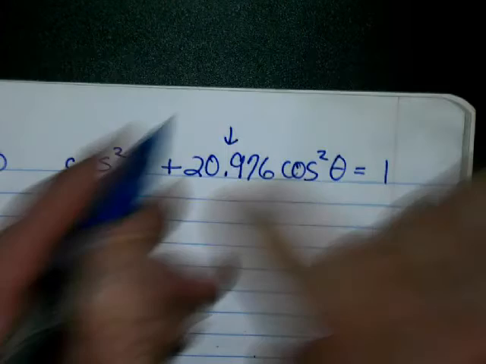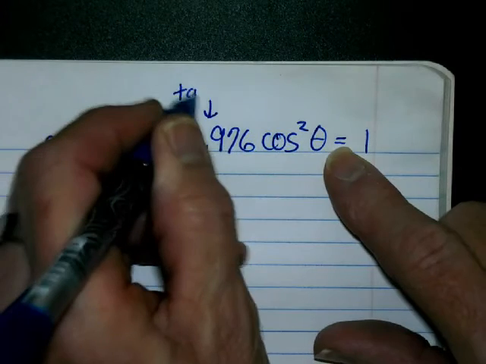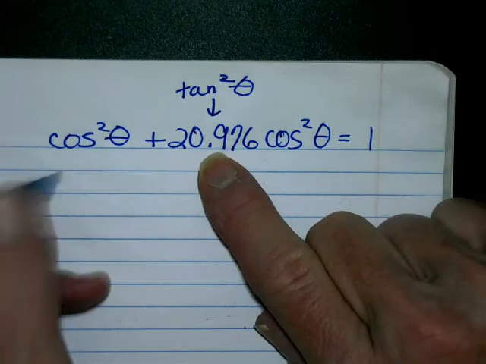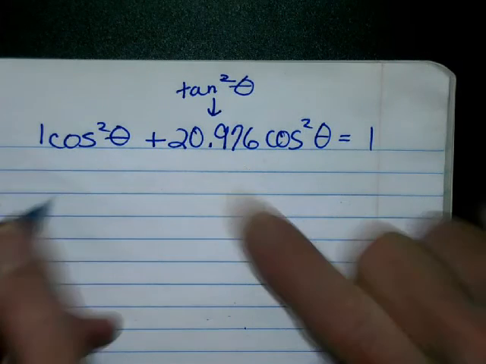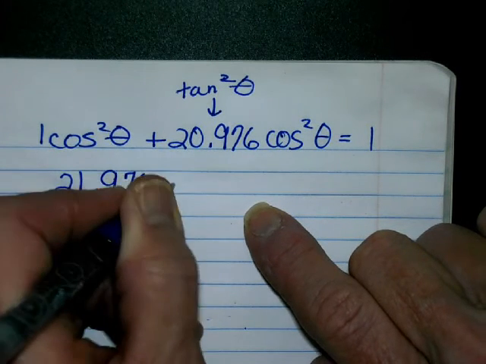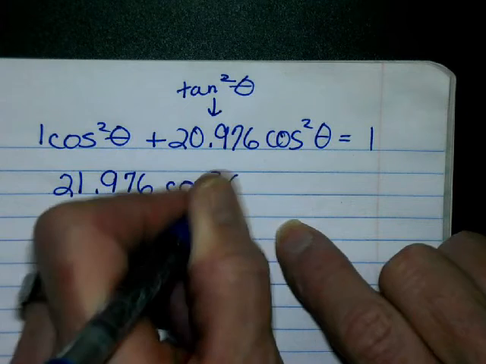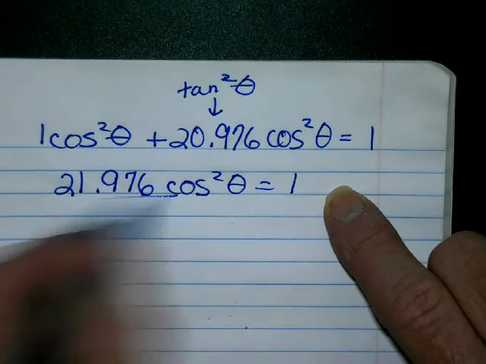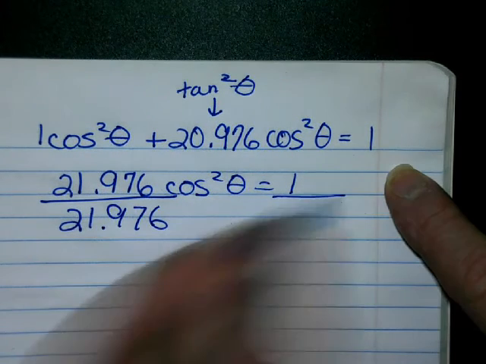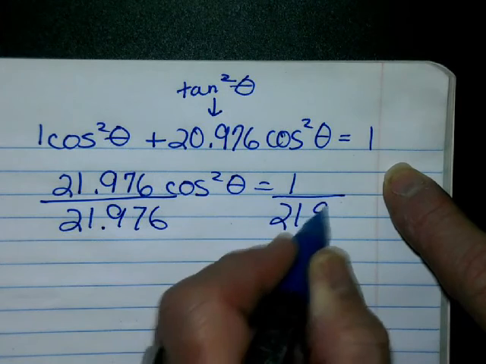Cosine squared theta equals 1. So that is squaring the tangent. Whatever your tangent value is, you squared it. Okay, and then you're going to add 1 to it. Then you're going to divide both sides by it.